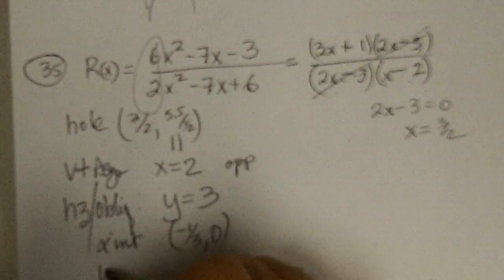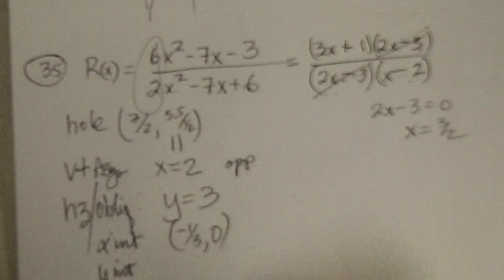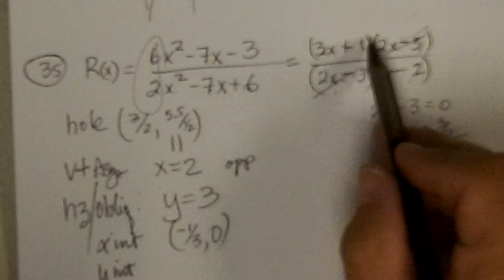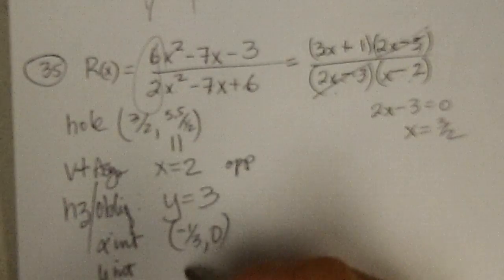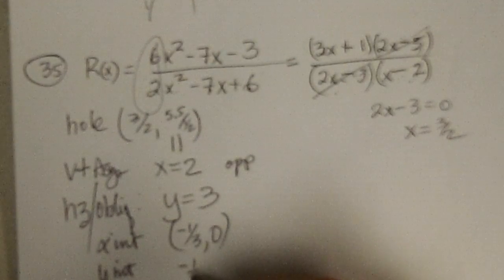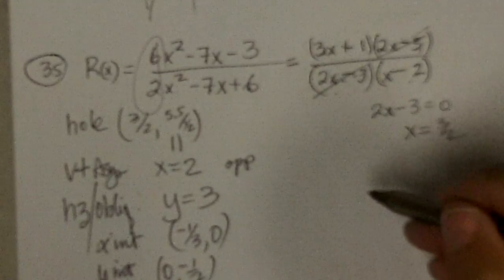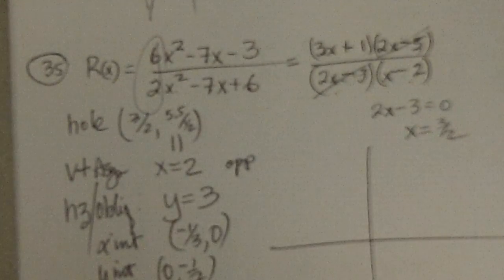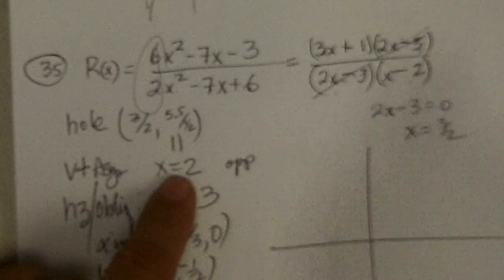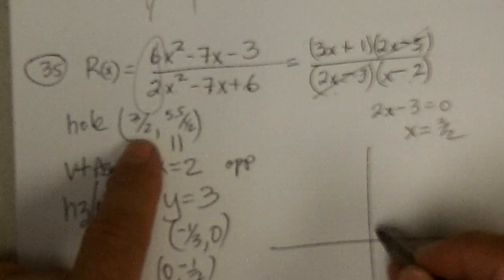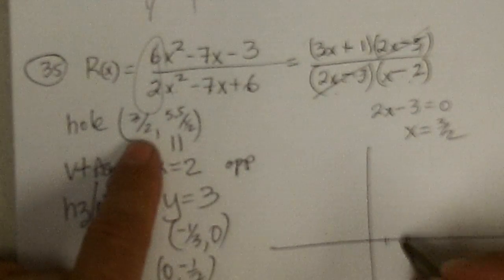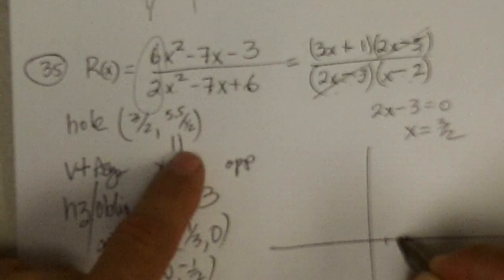Y-intercepts, I put in 0 and I get 1 over negative 2, which is negative 1/2, when I put in 0 for x. So my graph. A hole at 3/2 and 11.